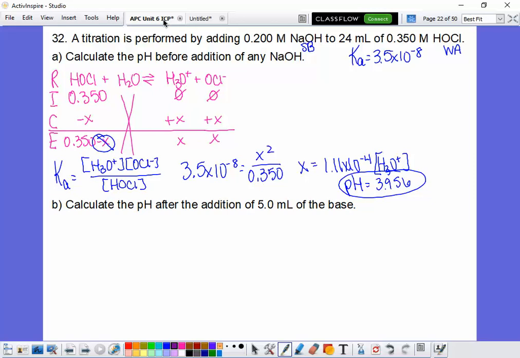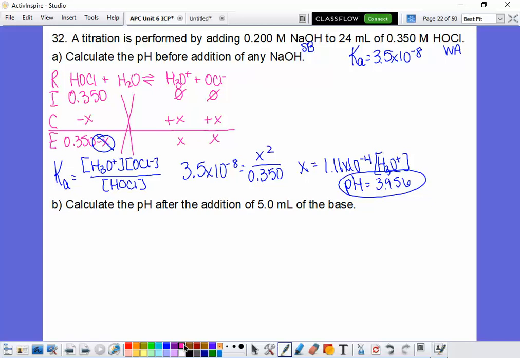Okay, because you're invading this weak substance with a strong base. An invader problem does not have to be a buffer being invaded by a strong substance. It can be just a weak substance being invaded by a strong substance. Okay, it's anything. That's any strong substance added to something else, that's an invader problem. Okay, so now we're going to add 5 milliliters of that sodium hydroxide.